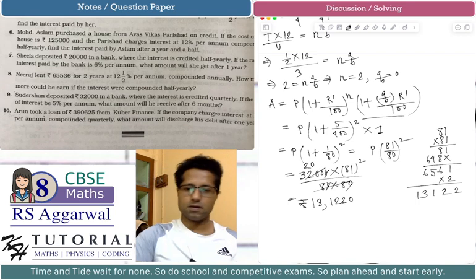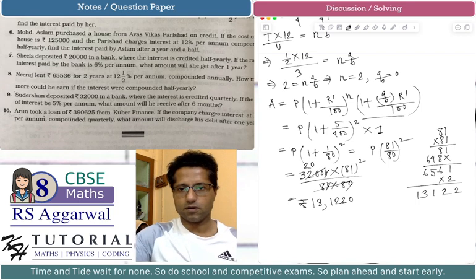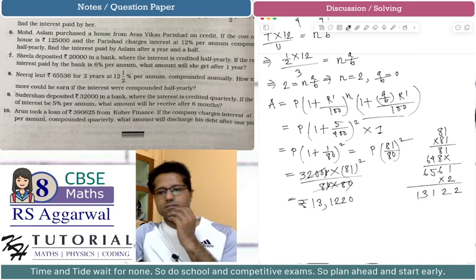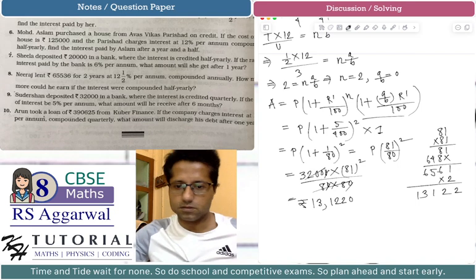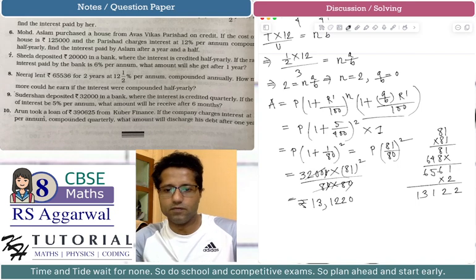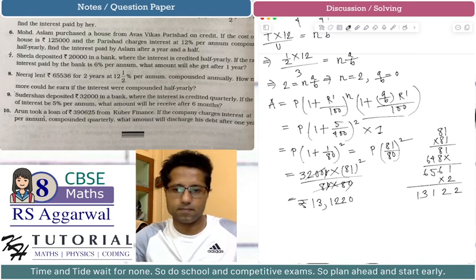Oh, sorry. So I am doing a calculation mistake. This will not be 20. This is becoming more. 0, 0 cancels out. 320 divided by 64.